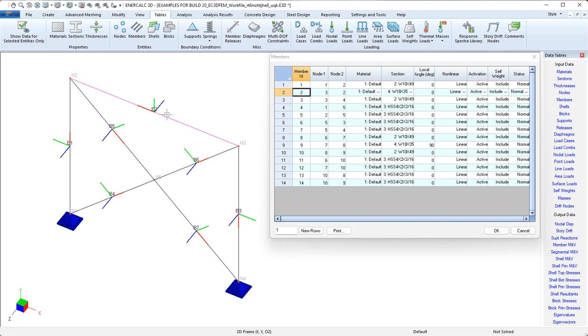Now, the only place where we need a caveat to that rule is for members that are vertical. So if we were to take a look at the columns, for instance, we can't take a vector cross product of two parallel vectors. So instead, we just have a convention that we adopt that says the member local z-axis will automatically be parallel to the global z-axis.